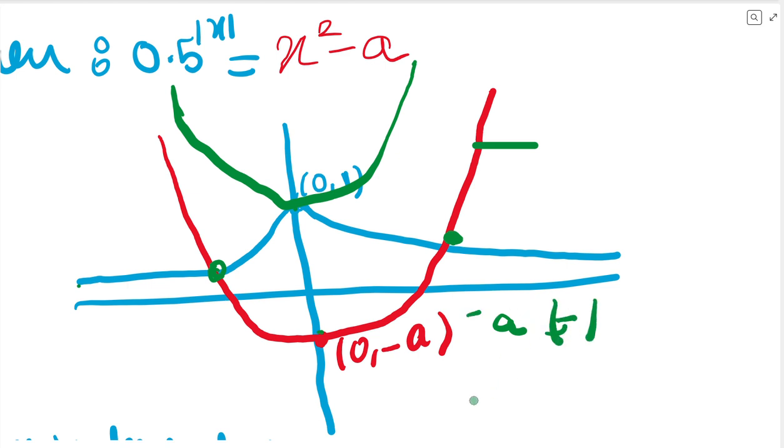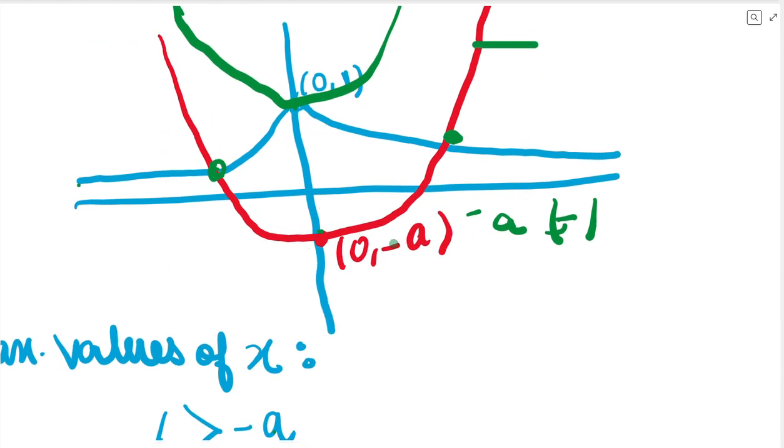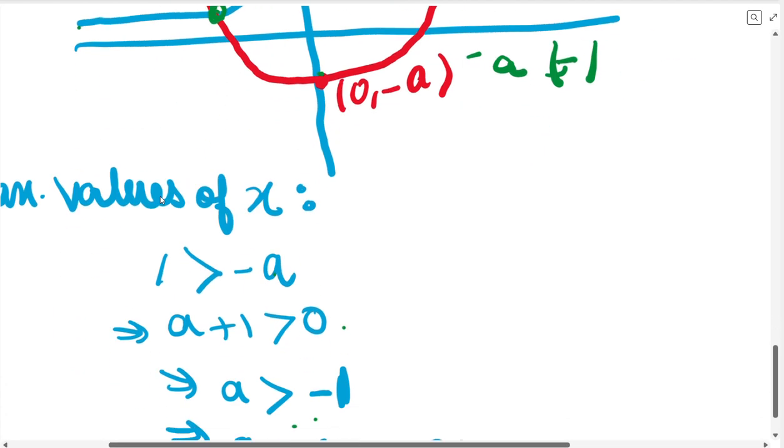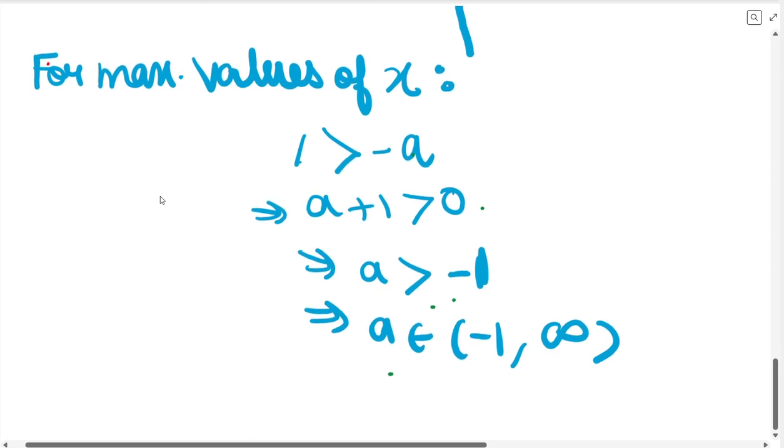This is very clear. But we need to find the range of values, and we know that a can take any value. How will we define the bound? Minus a always has to be less than 1, or alternatively we can write that 1 must always be greater than minus a.